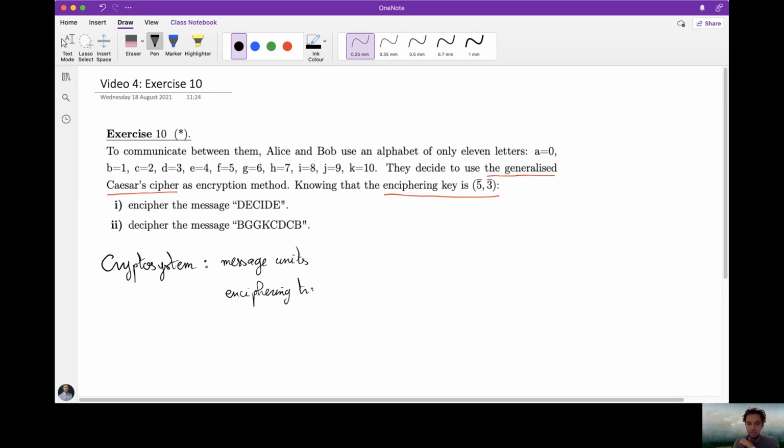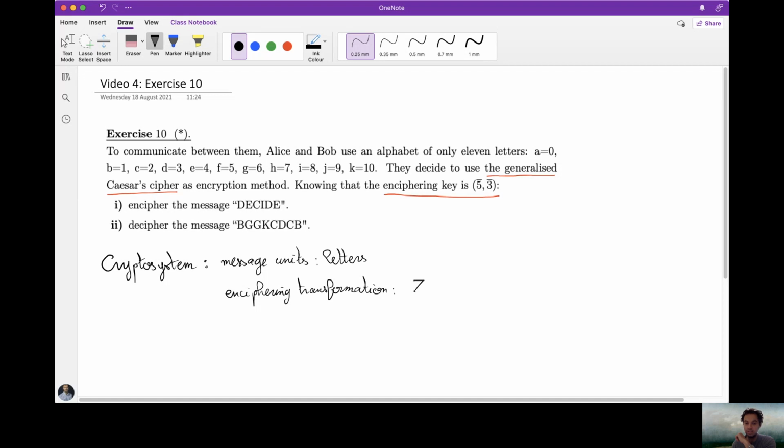Since we're using Caesar cipher, the message units are the letters, and the enciphering transformation is an affine transformation on the letters.